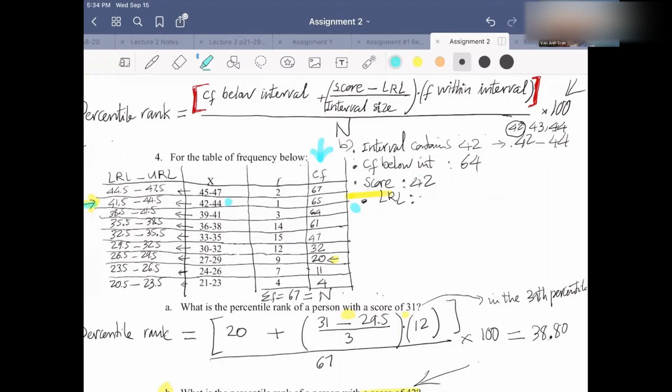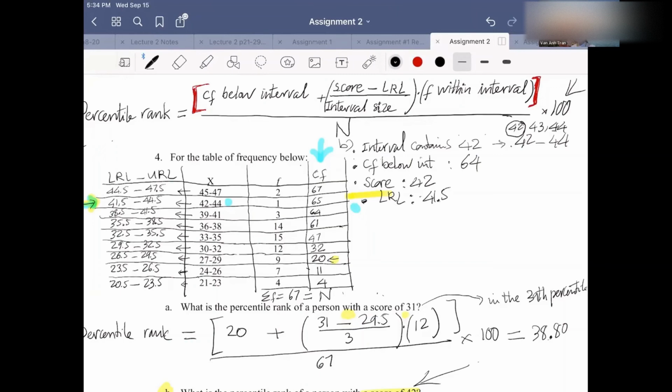We are looking at this interval here, everyone. So what is the lower real limit? Good. Yeah, so it should be 41.5. The number to the left of the interval with the limits. Good.